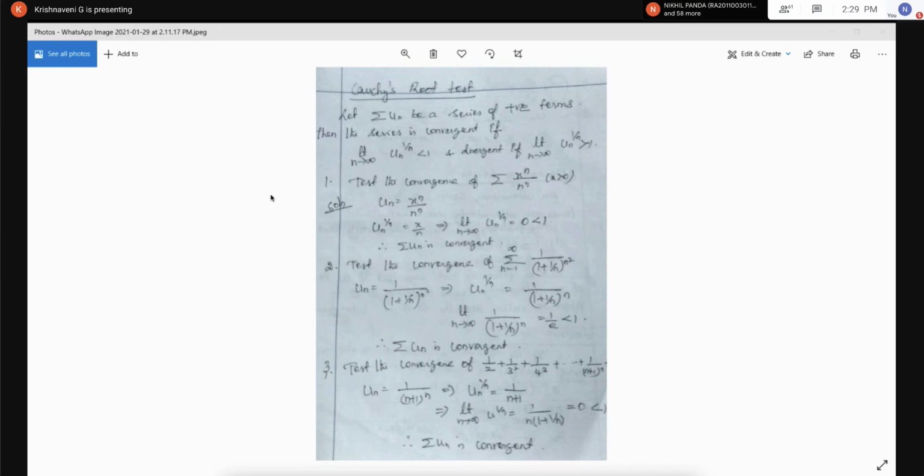Ma'am, the image is not clear. Not clear? Wait, I will send you one. Check this one.